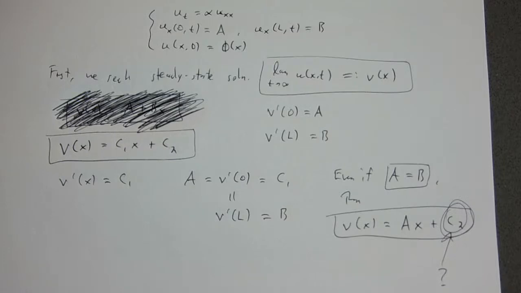So what's the problem here? What do I do? How can I determine this thing? I have to be able to determine this for this to make sense. So what do I do?